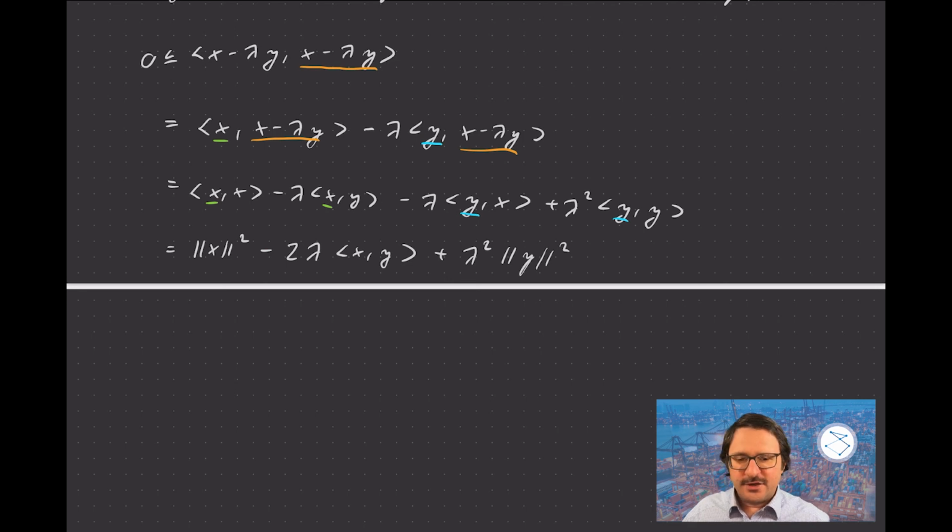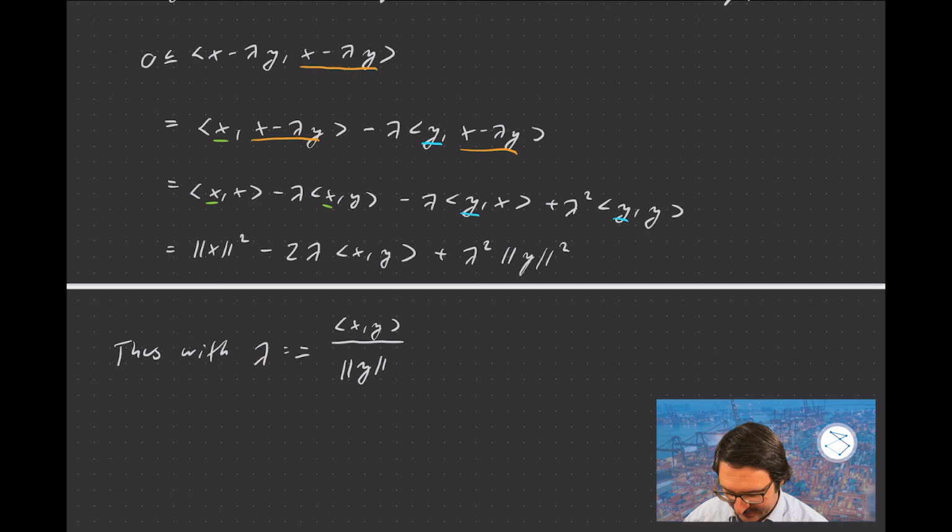And now we're going to use a very special setting for this lambda. And here we need to know that the norm of y is not 0. So, thus, if we set lambda to the scalar product of x and y divided by the norm of y squared, what happens?